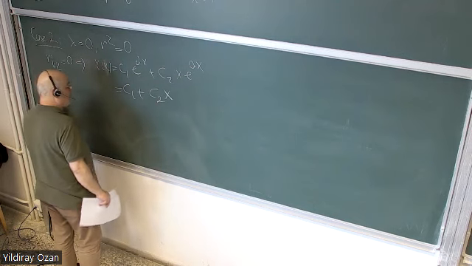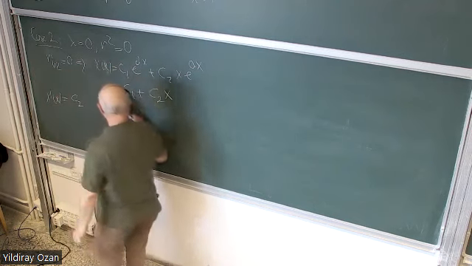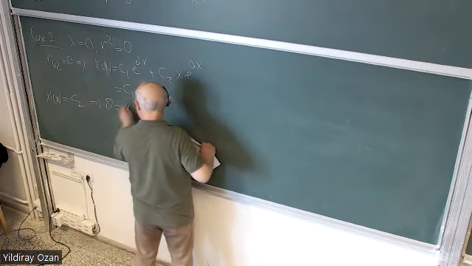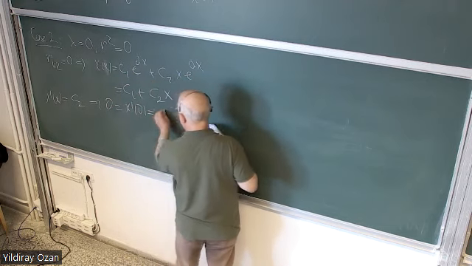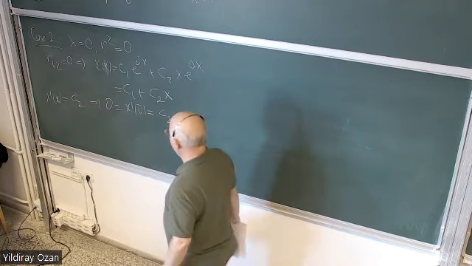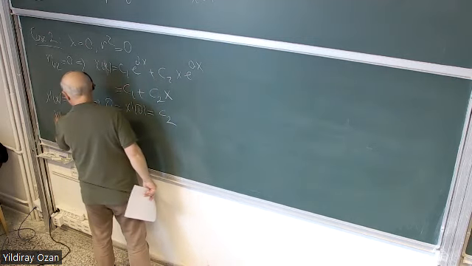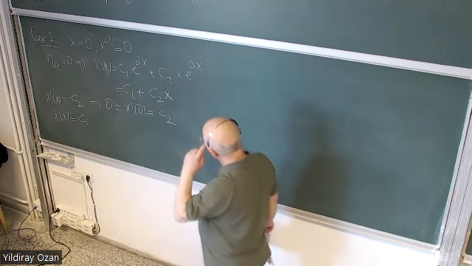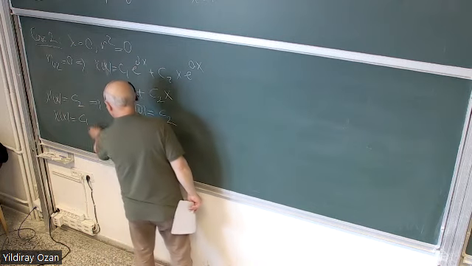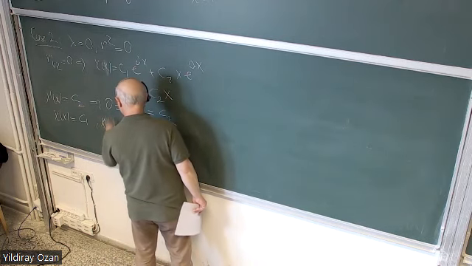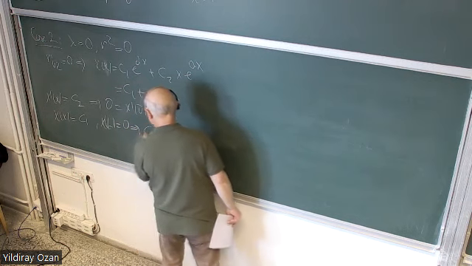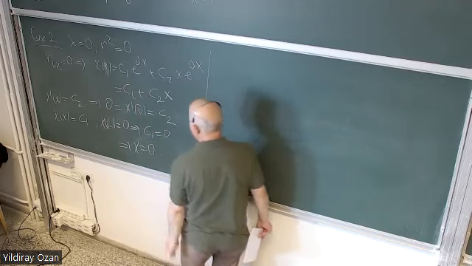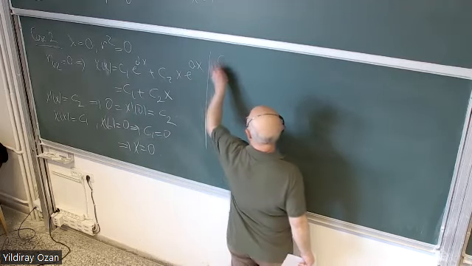X prime of x is just c2. So 0 equals X prime of 0, we get c2 is 0. So X of x is just c1, constant, right? And X of L is also 0, implies c1 is also 0. So again, we get just the 0 solution. So we don't get anything from this case either.